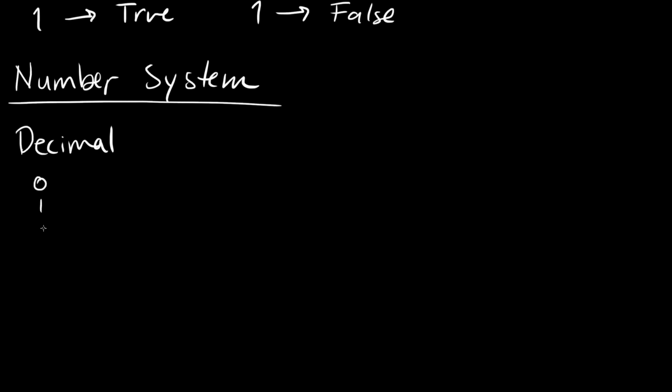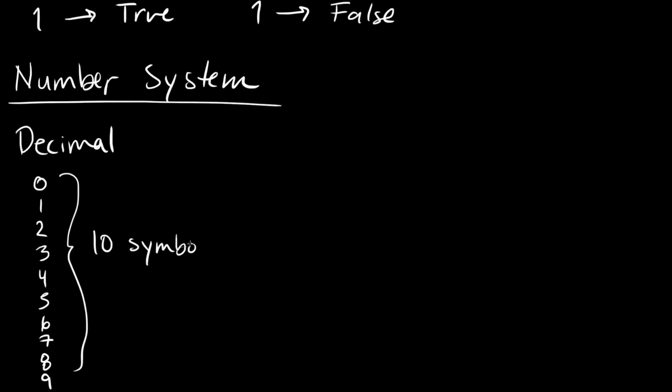So 0, 1, 2, 3, 4, 5, 6, 7, 8, and then 9. The reason why it's called decimal is because we only have 10 symbols to work with. And with these 10 symbols, we have to create an entire number system.